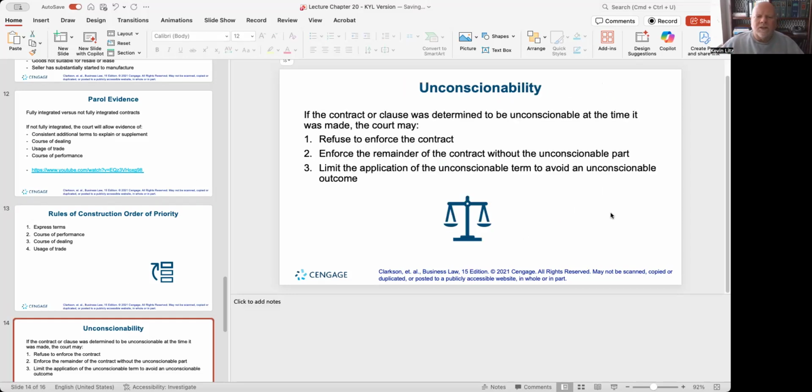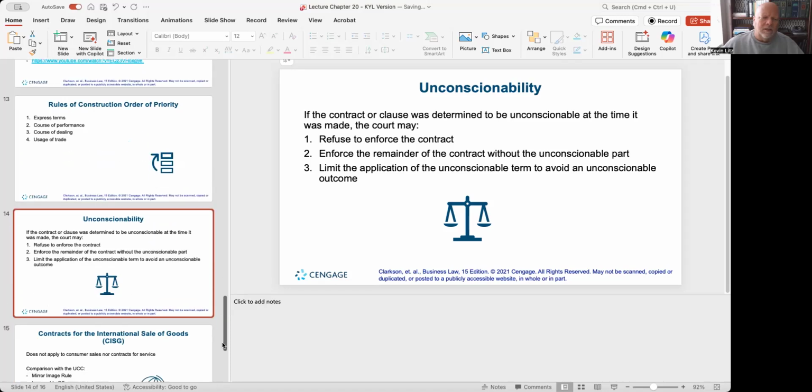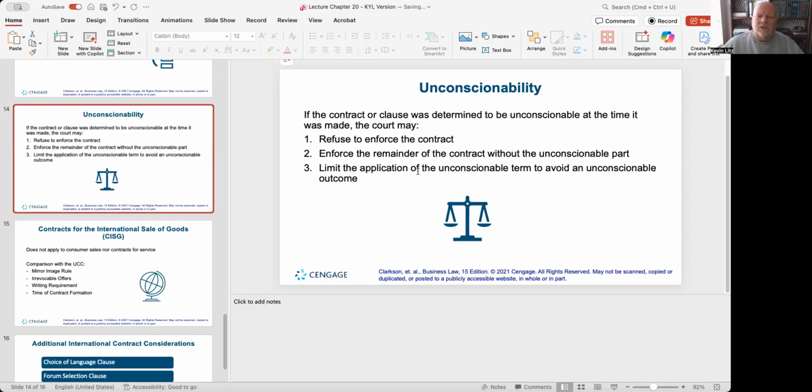Now, there's also this concept, we've touched on this once before, about unconscionability, and that is sometimes a judge can set aside a term because it is so unfair. When you sign your lease, when you buy a car, et cetera, all the contract terms favor the one who drafted the contract and the one who is going to seek money from you.